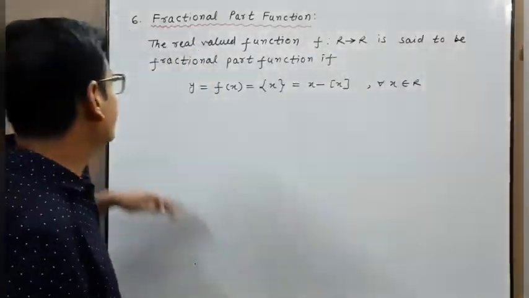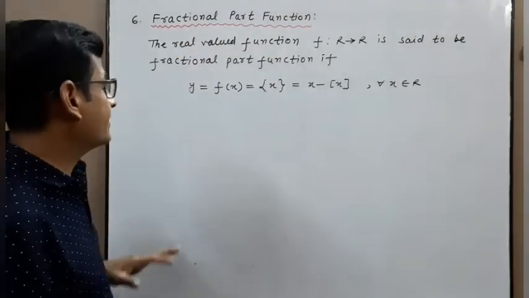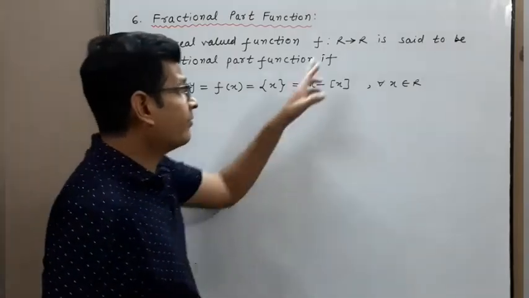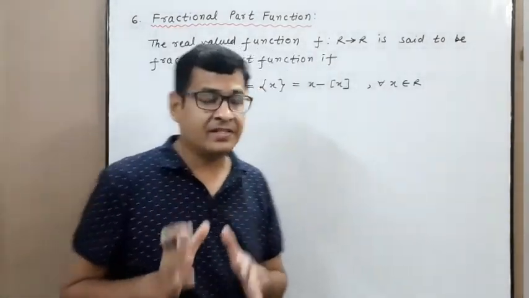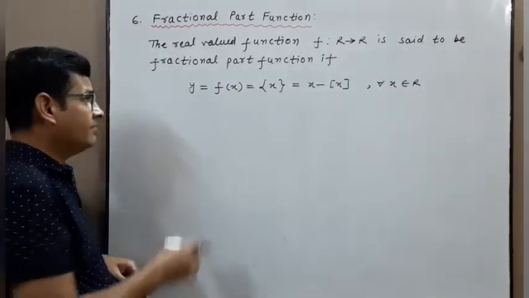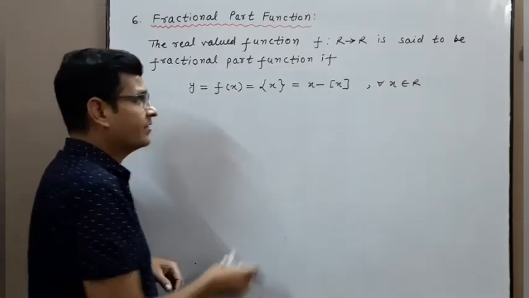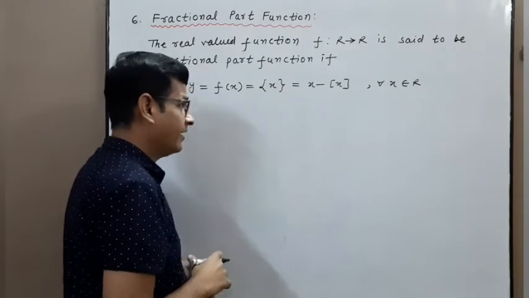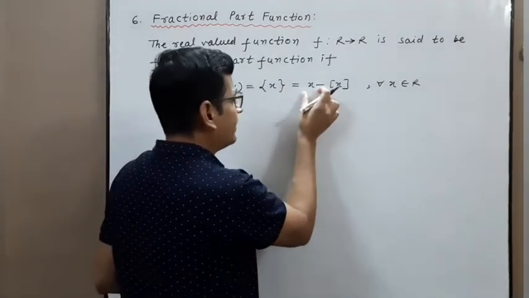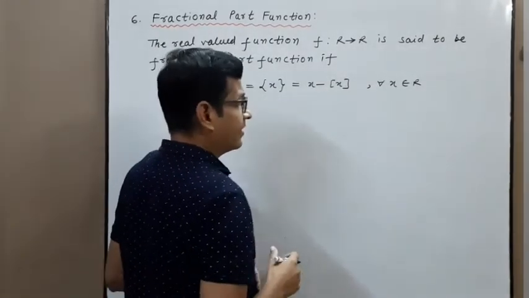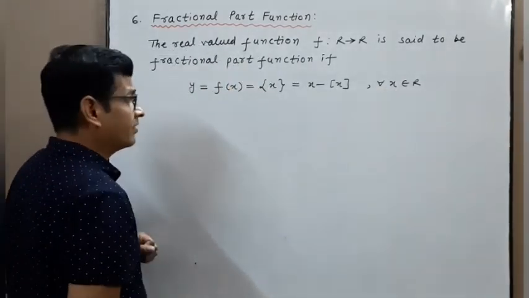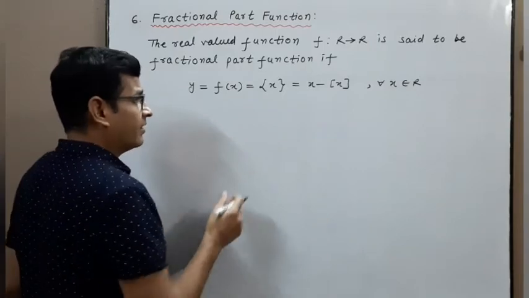Next, the fractional part function. The real valued function f from R to R is said to be the fractional part function if y equal to f(x), which is the symbol of the fractional part function, curly bracket x, equal to x minus greatest integer x, for every x belonging to R. How can we simplify?